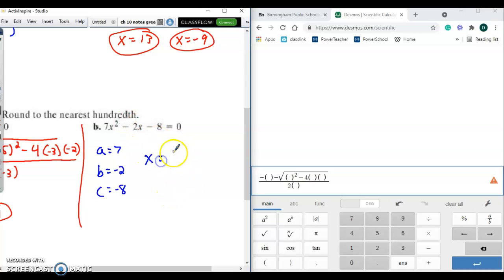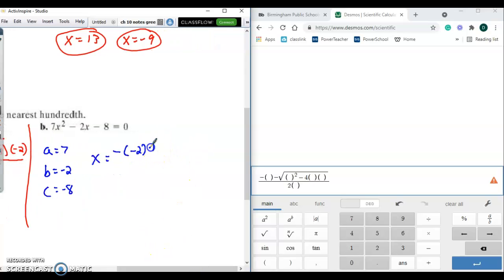So x equals -b, plus or minus square root of b, which is -2, squared minus 4 times 7 times -8. And we divide that whole thing by 2 times 7.